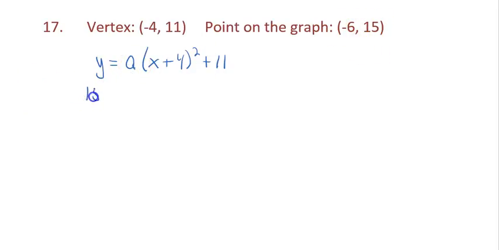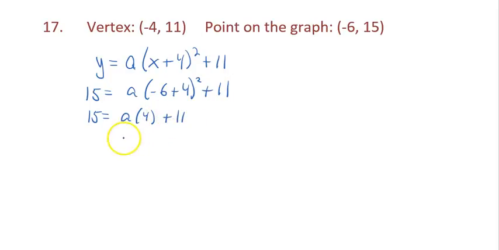So I'm going to put the 15 in for the y, the negative 6 in for the x, and then negative 6 plus 4 is negative 2. Negative 2 squared would be a positive 4. I'm going to subtract 11.